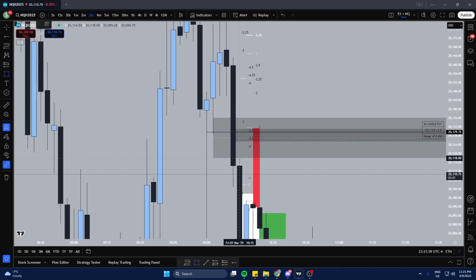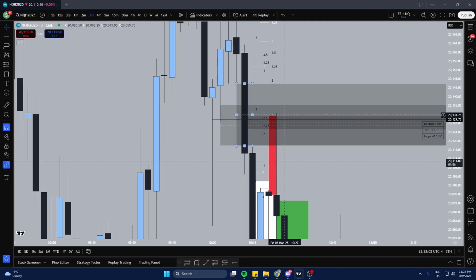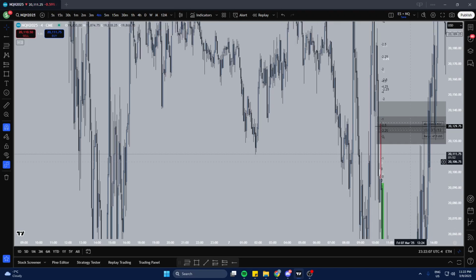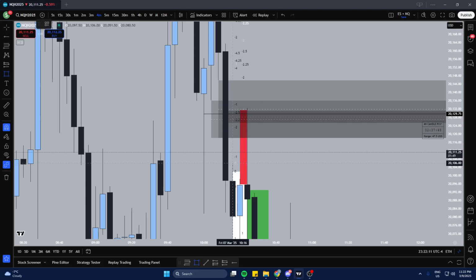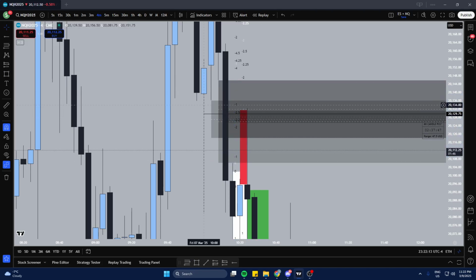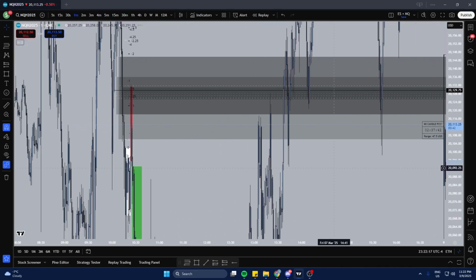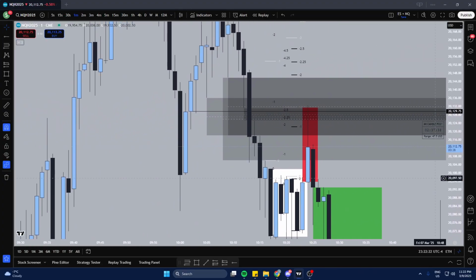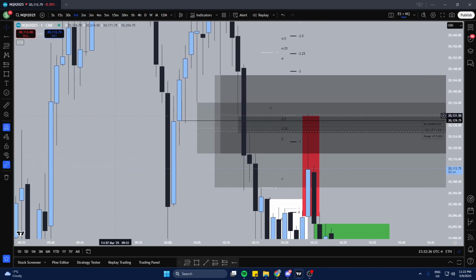And this 3 minute fair value gap CE, you can see that's actually the very top. 4 minute, you get the point, another fair value gap. You can see all of these confluences line up here, fair value gaps, order blocks, whatever.